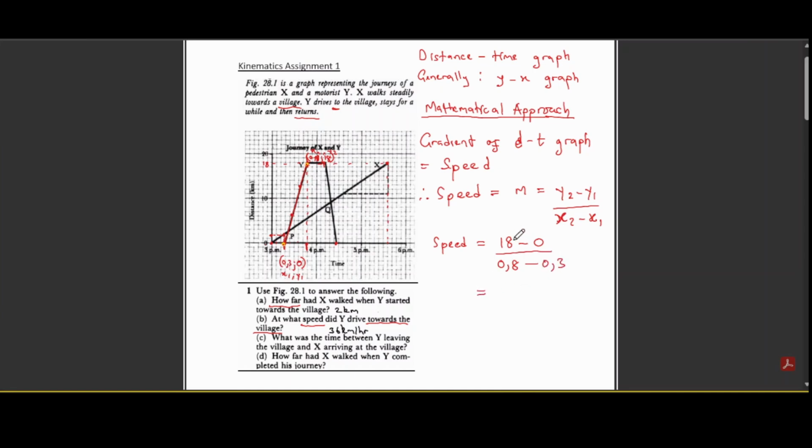Saka this is equal to 18 minus 0 ndi 18 over 0.8 minus 0.3 ndi 0.5. Ndo patanga tiri paya kana mamchitonyora pasi mukutoona kufanana kwazvo. Saka this is equal to 36 kilometers per hour.